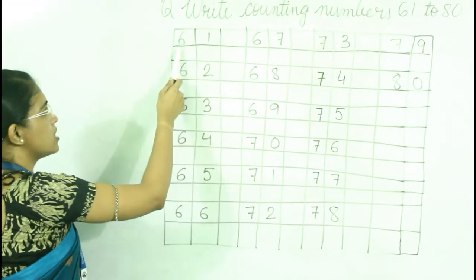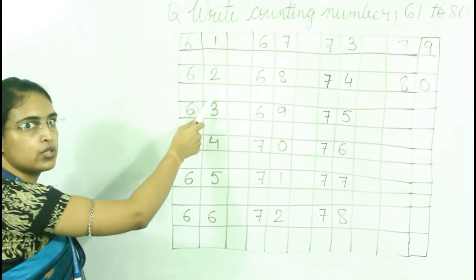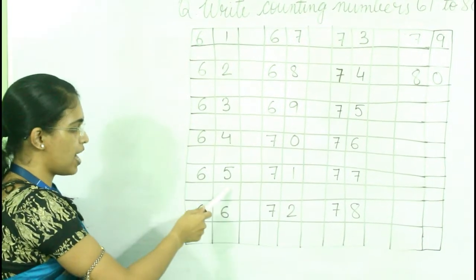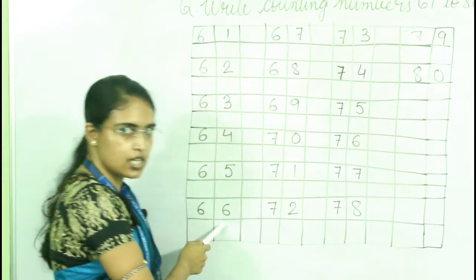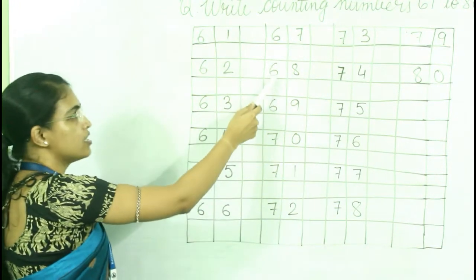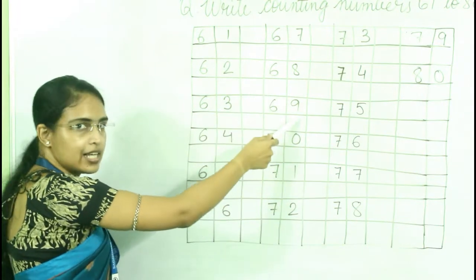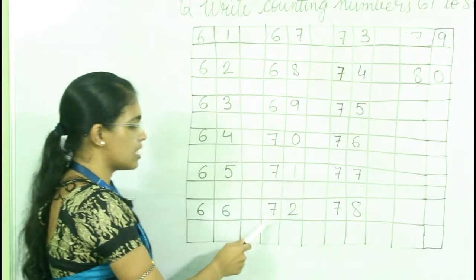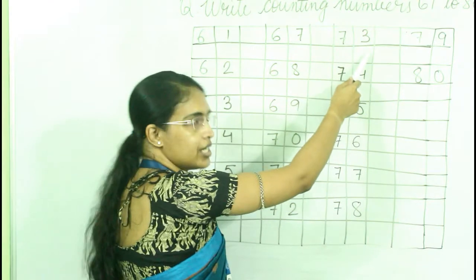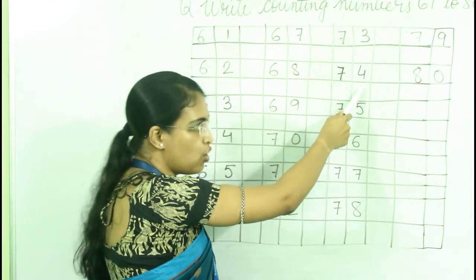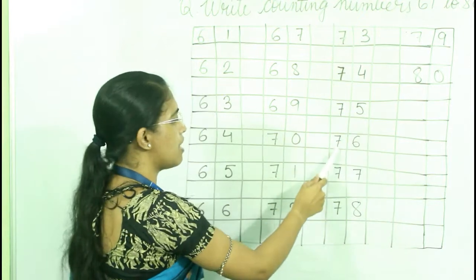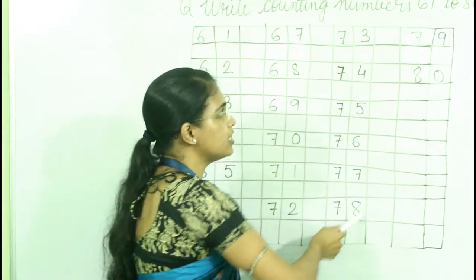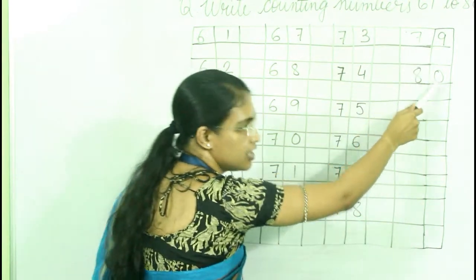Now read with me. 61, 62, 63, 64, 65, 66, 67, 68, 69, 70, 71, 72, 73, 74, 75, 76, 77, 78, 79, 80.